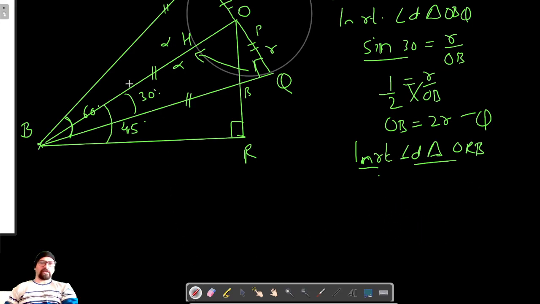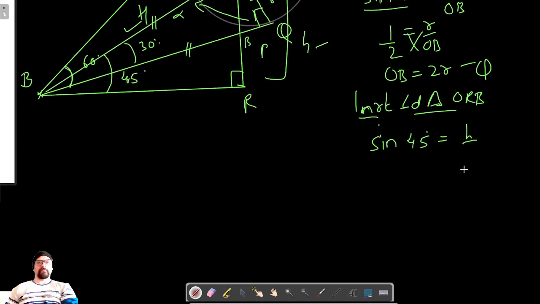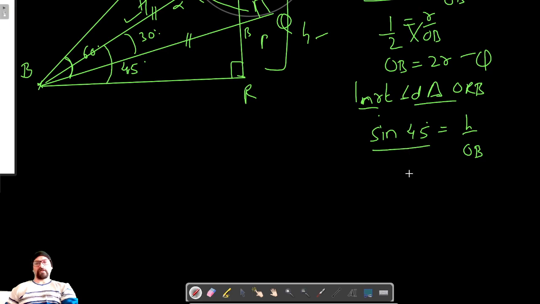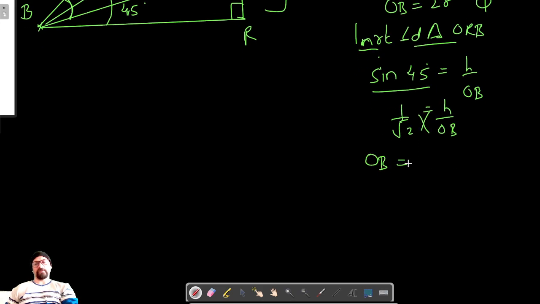Let's see if we can get OB involved. This is 90 degrees, this is the hypotenuse, and this is H. For 45 degrees, this is perpendicular by hypotenuse, so I'm going to use sine 45 degrees, which is equal to H by OB. And sine 45 degrees is 1 by root 2. If we cross multiply this, it gives OB is equal to H into root 2. Let's say this is equation 2.